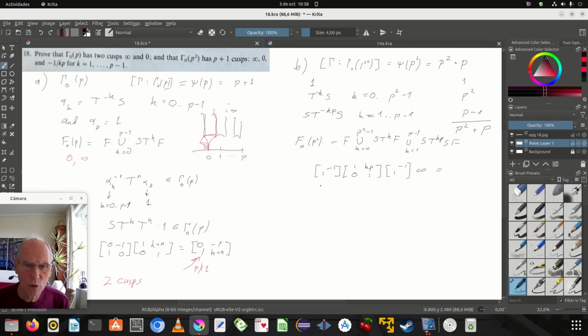This is mapped to naught. So this is mapped to kp. And that's minus 1 divided by kp.